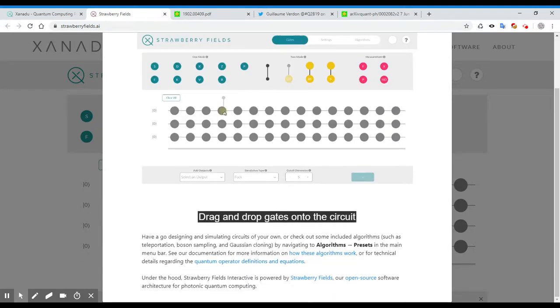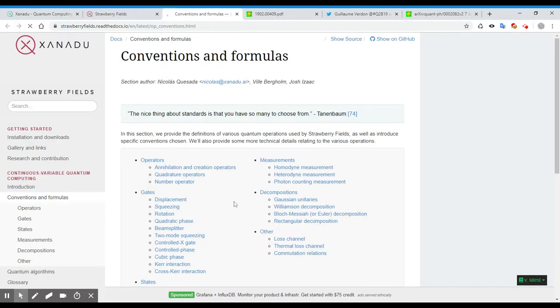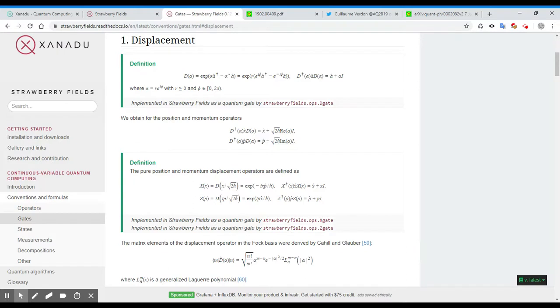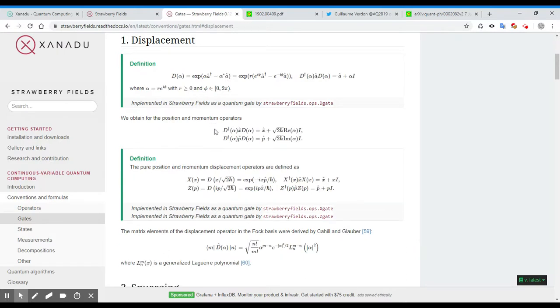Help. Oh, that's why exactly. Displacement. So displacement.